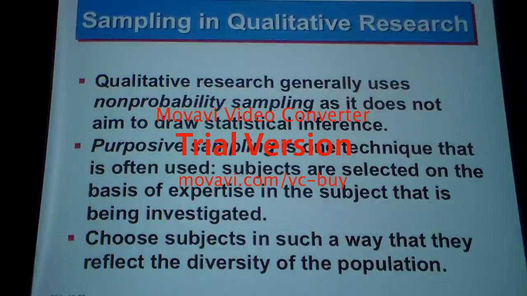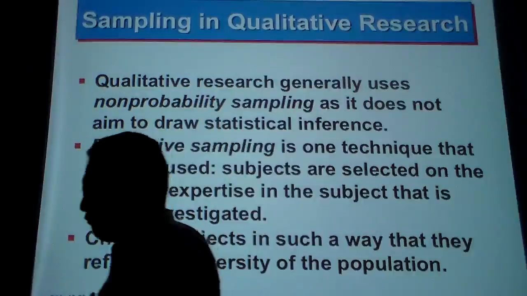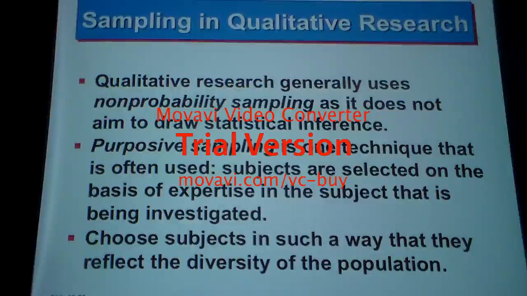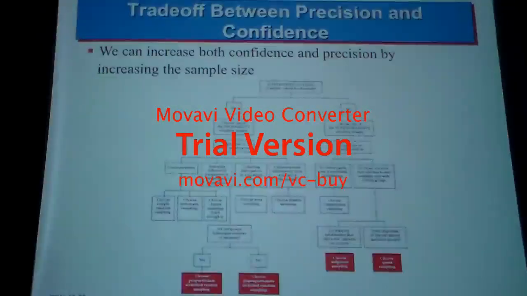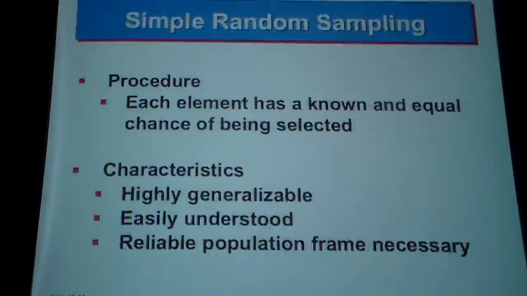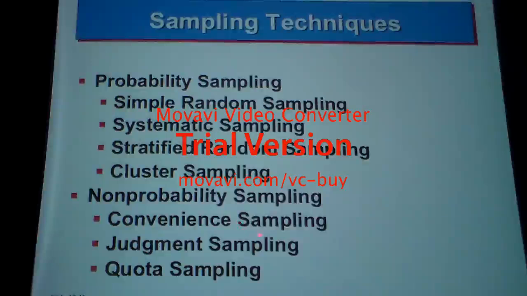Sampling in qualitative research. Qualitative research is usually used in the humanities and social sciences. It generally uses non-probability sampling. If we go back, it is on this side. Non-probability. If we go back to see the types of non-probability: convenience sampling, judgment sampling, and quota sampling.